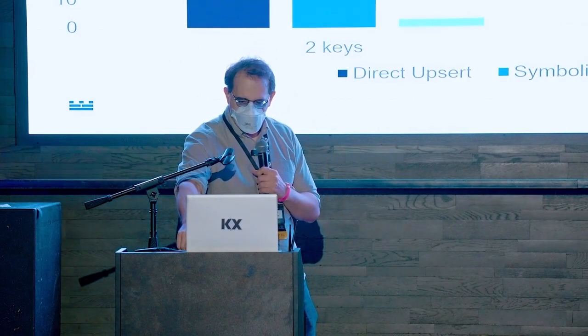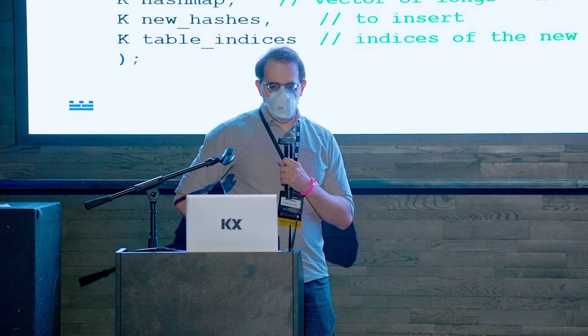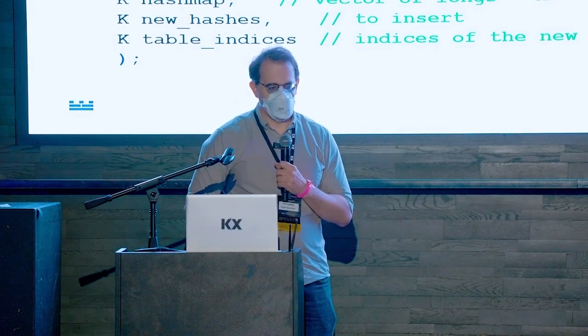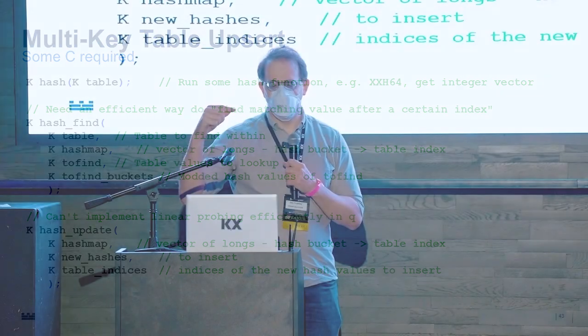Why is this in this talk about native code? It's because some C code is required. To look up in that hash table quickly, you have to find an index and then find the next element after that index that matches or that is null.